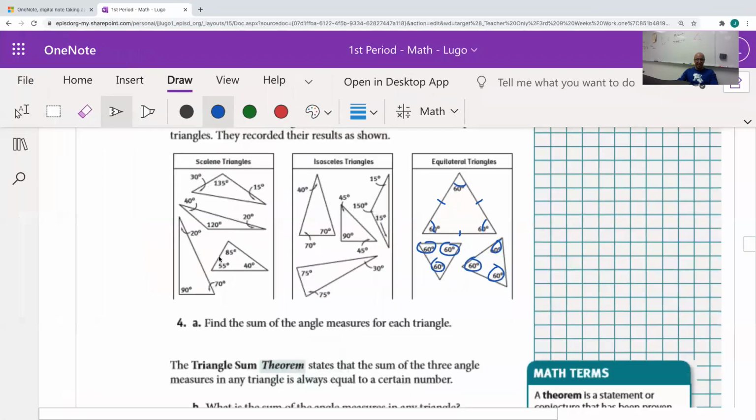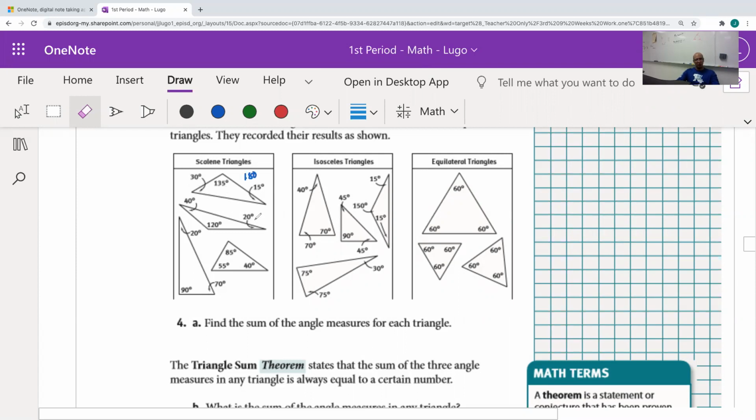So if you were to look at these triangles, notice how in all of them they give you the angle measurements. If you were to add all those up, and these are accurate, these are to scale, they're always going to give you 180 degrees. For example, 30 plus 135 is 165, plus 15 is 180.